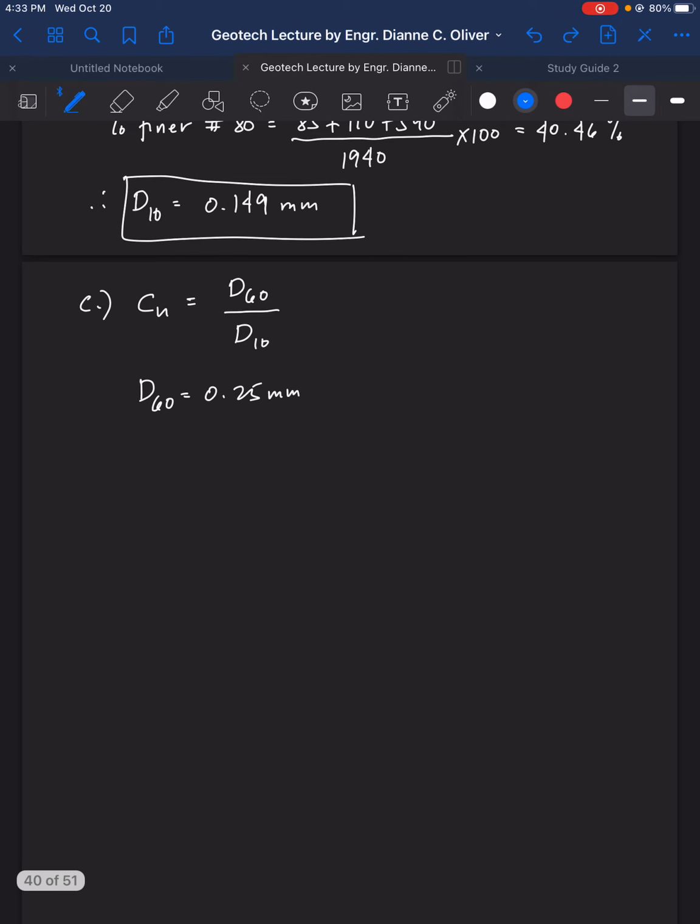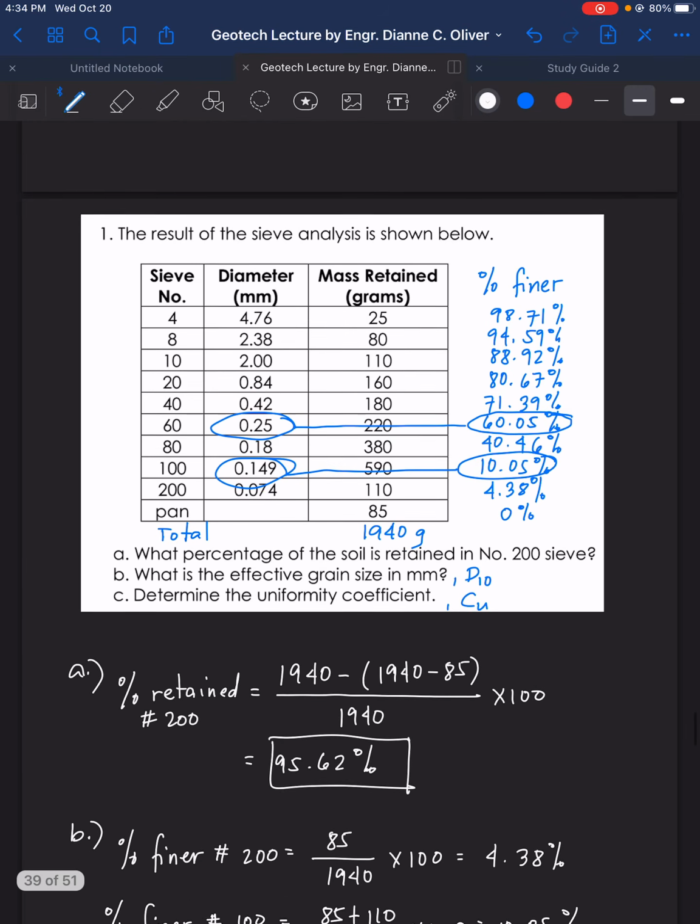So, CU is equal to 0.25 divided by 0.149. That is equal to 1.68. Does it have a unit? No, it does not have any unit. Okay, so that's for number 1.